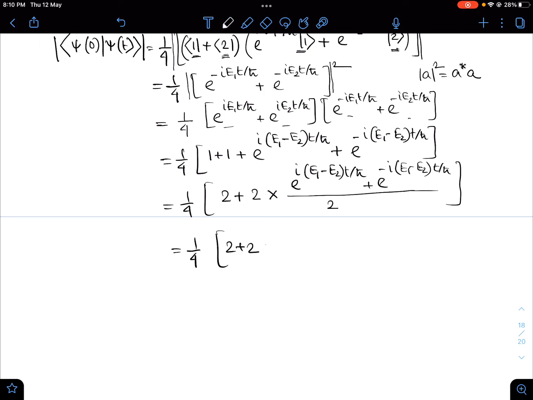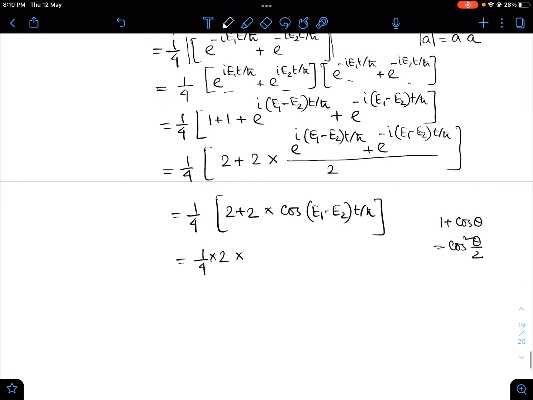We know that this is a simple cosine function, with (E1 minus E2) t by h cut, and we can take this 2 common. We know that 1 plus cos theta is 2 cos square theta by 2. Applying this rule, we will have cos square (E1 minus E2) t by 2 h cut. So this is simply half cos square (E1 minus E2) t by 2 h cut.